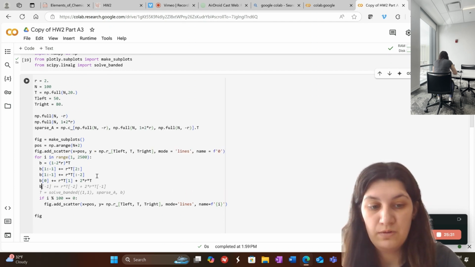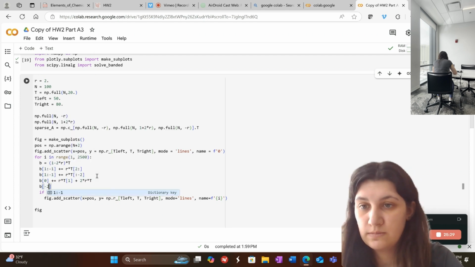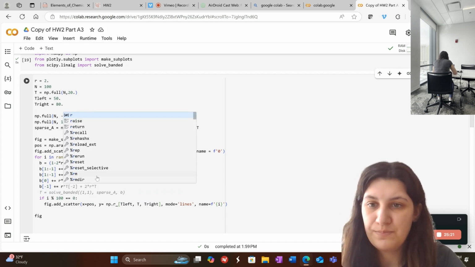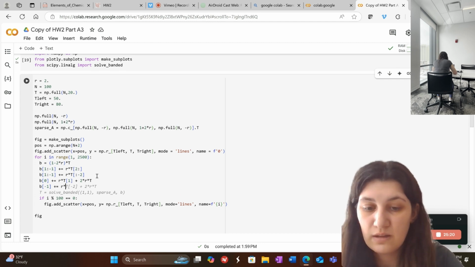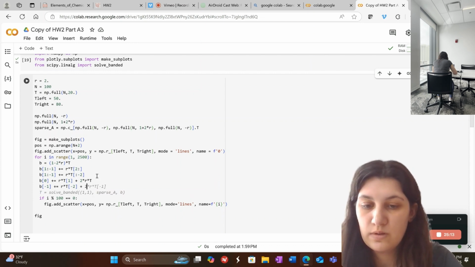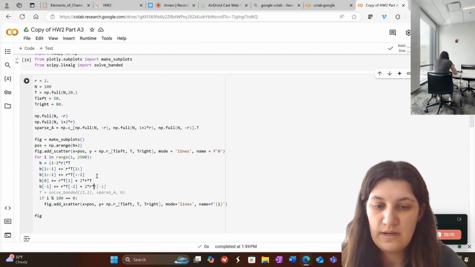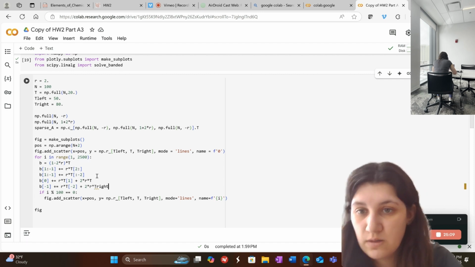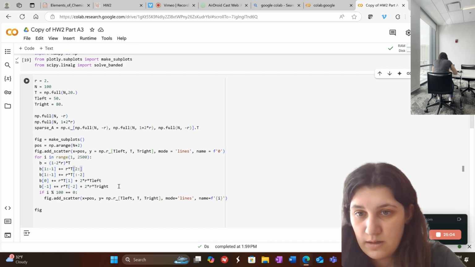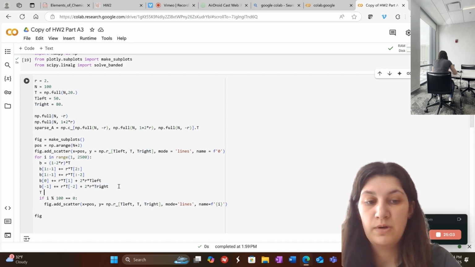And for our last one, we're going to add on our last unknown temperature value, plus 2 times r times T right. Oops. That should be to the left right there. And then finally we're going to put it all together.